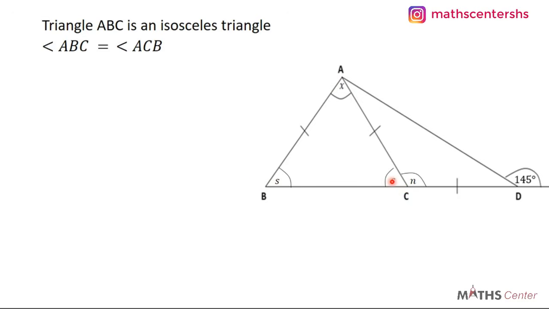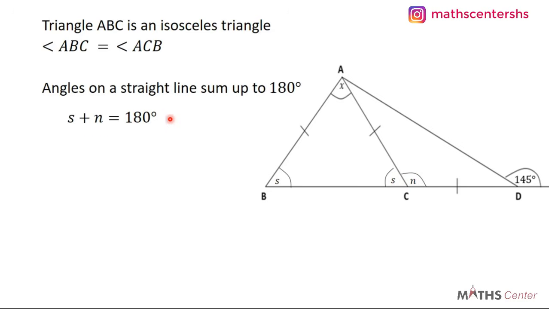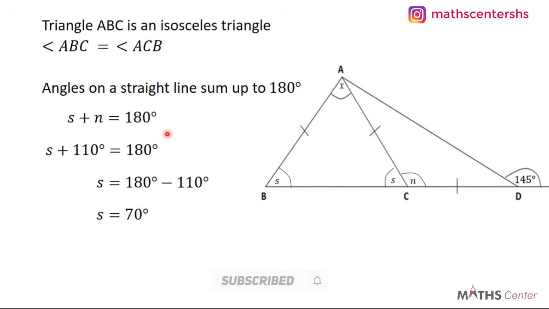So if this side is S, this side is also going to be S. We know the value of N, so we can use S and N and the property that angles on a straight line add up to 180 degrees to find the value of S. Because angles on a straight line add up to 180 degrees, you can say that S plus N will give us 180 degrees. We know the value of N, right? It's 110 degrees. So S plus 110 degrees will give us 180 degrees. So you simplify and S is giving us 70 degrees.